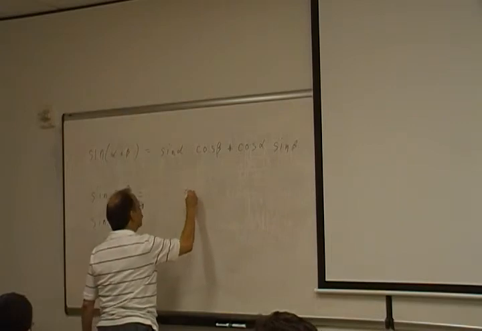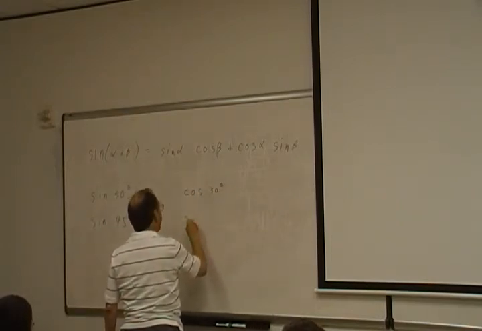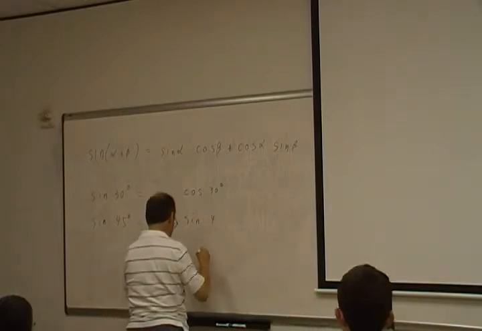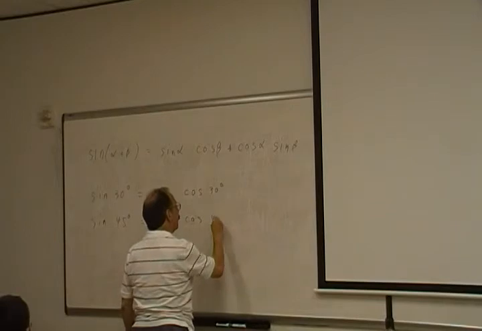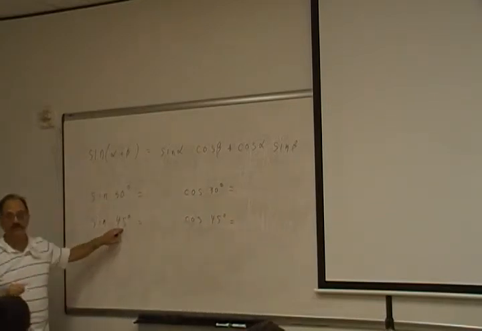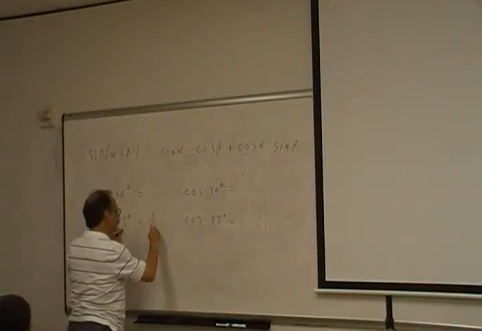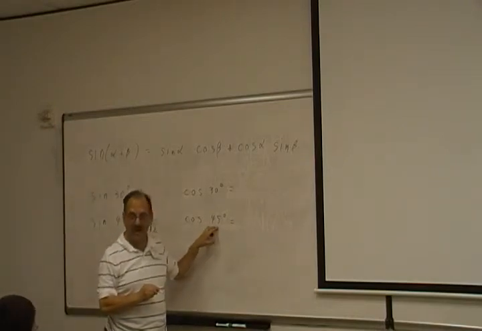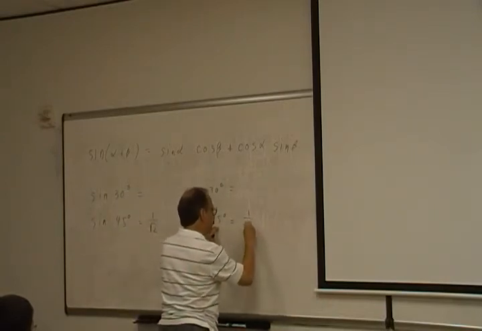What is the cosine of 30 degrees? What is the cosine of 45 degrees? You should know each of these. Okay? Everyone, what's the sine of 45 degrees? 1 over the square root of 2. Okay, what's the cosine of 45? 1 over the square root of 2.